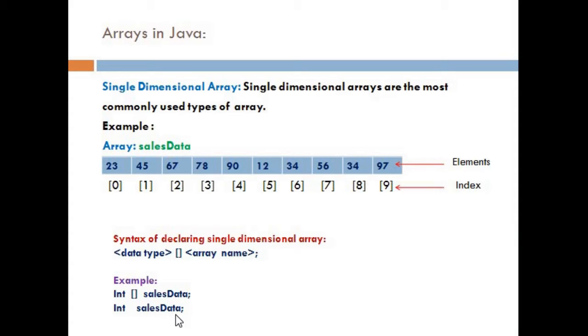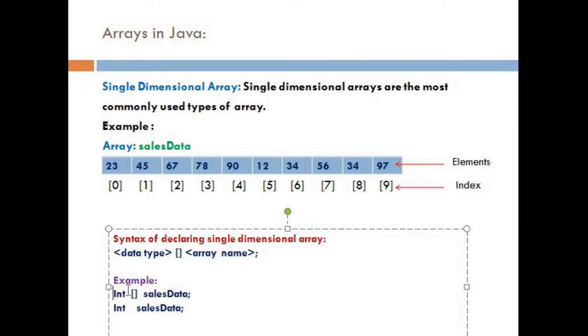So if you wish to assign only one value to a variable, do not declare that variable as an array. But if you wish to store a range of values into a variable, then declare that variable as an array, and for that you have to precede that variable with a box-like symbol like this.